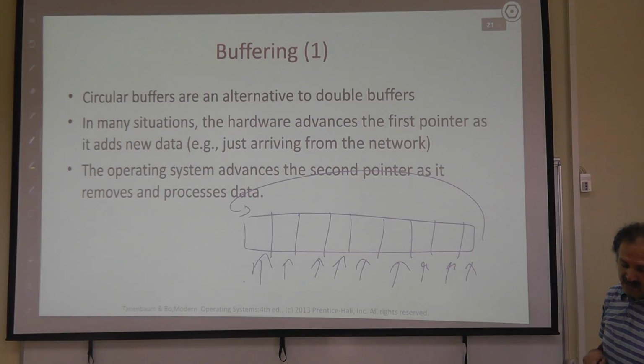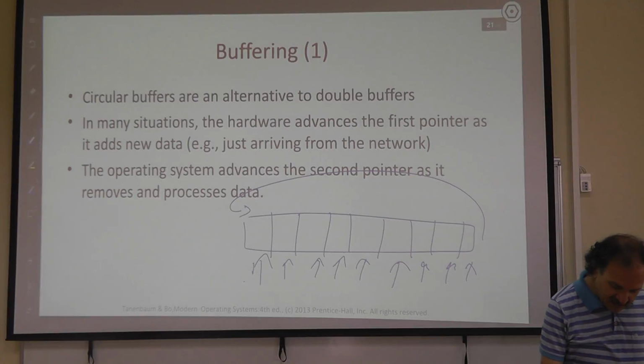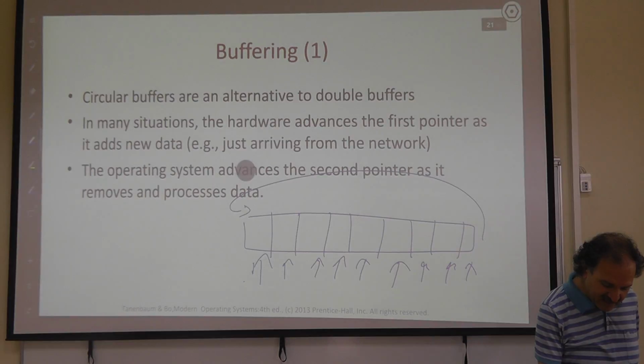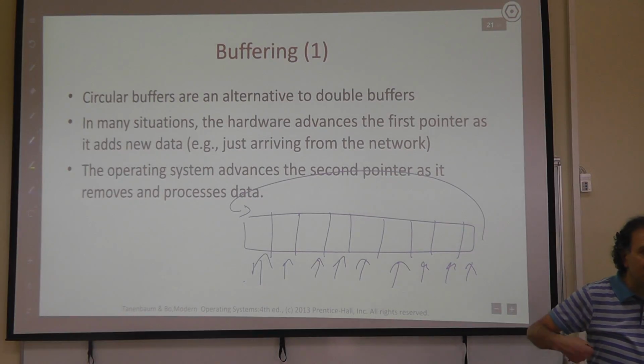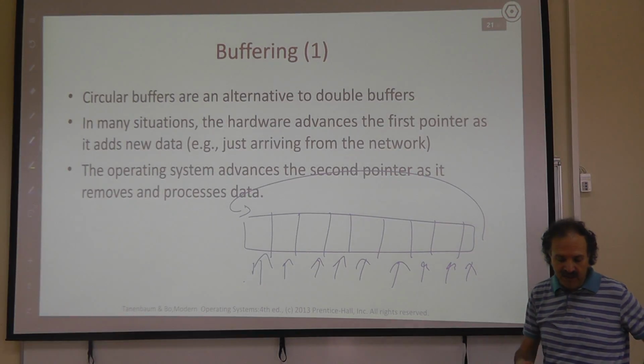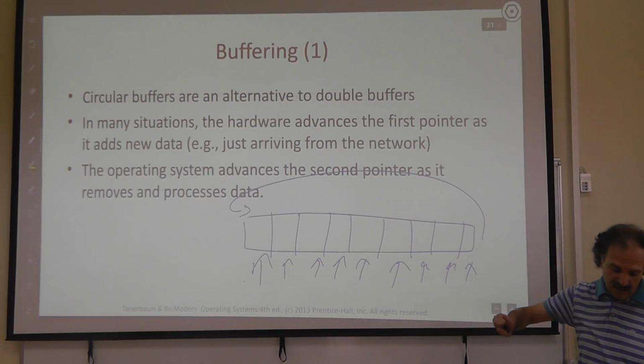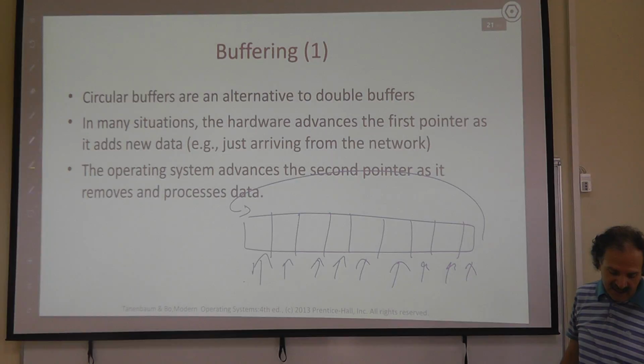In the circular buffer, the first pointer is advanced by the hardware, from the I/O device, and the operating system advances the second pointer because it removes the data from the end. So one is advancing the first pointer forward, the other is advancing the second pointer.